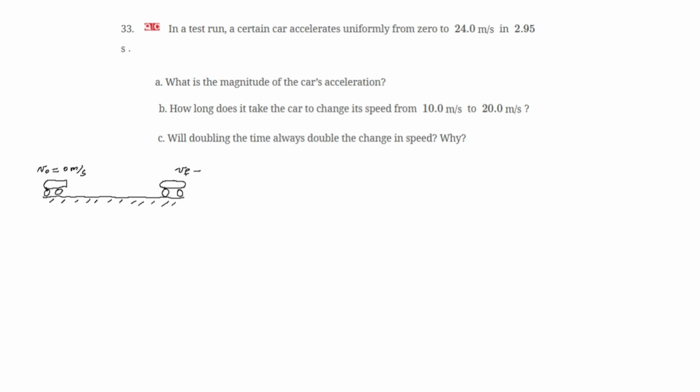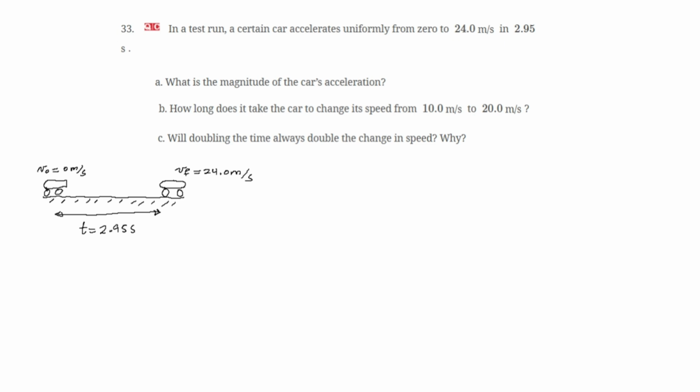How long does it take for the car to go from this speed of 0 meters per second to 24 meters per second? It takes a time equal to 2.95 seconds. Let us represent the time in only one direction.